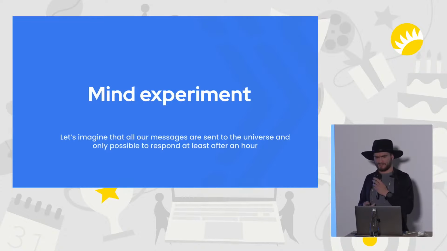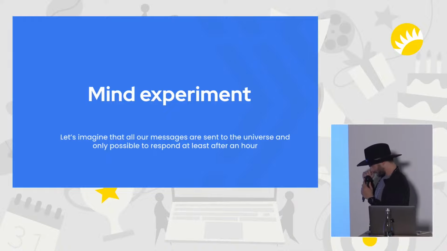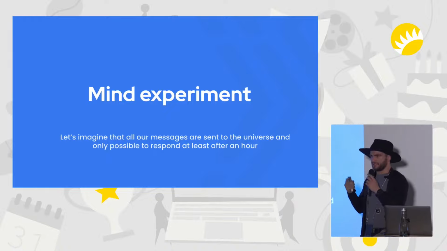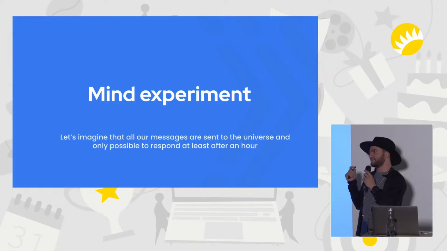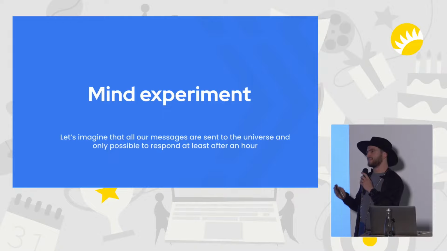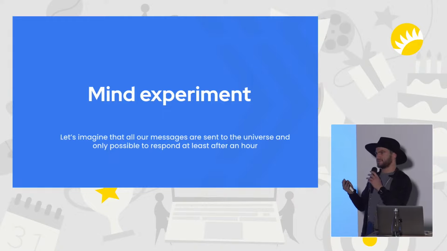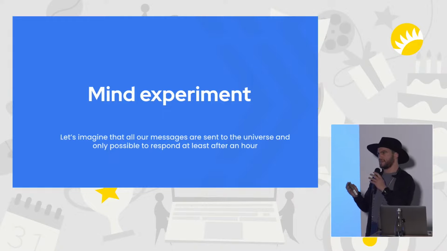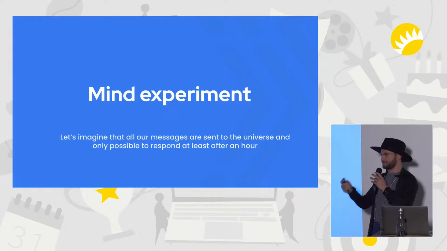Let's make maybe a short thought experiment. I want you to be more involved here, and let's think that all the things that we say and all the things that we do are received after some time. After, let's say, an hour. So we cannot be interactive like here and now.